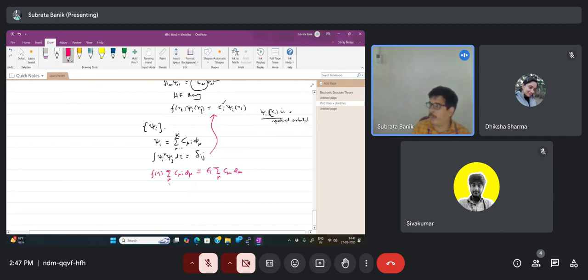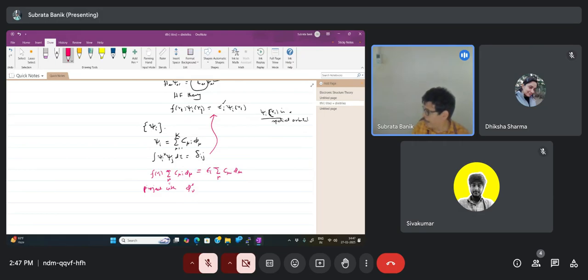Mu runs from 1 to k, a predetermined set, so the total number will be k. So this is not one equation; there are k equations here. To handle each equation, we write them in matrix form. So what you do here is pre-multiply, or project, with phi_mu.